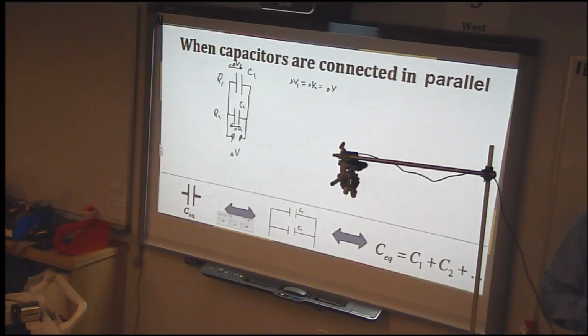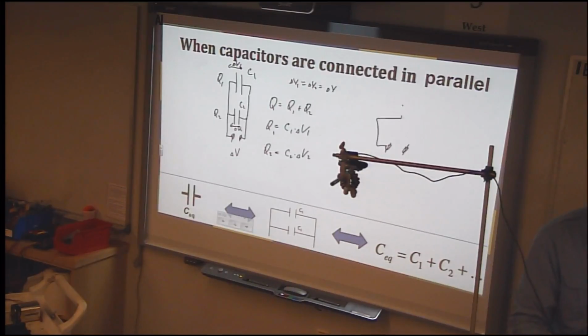How much charge does this system store? This system stores a charge which equals the sum. That's how much charge they together store. And for each charge, we can write the same equation. And of course, now we ask the same question.